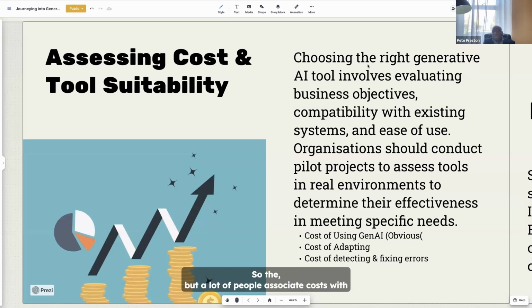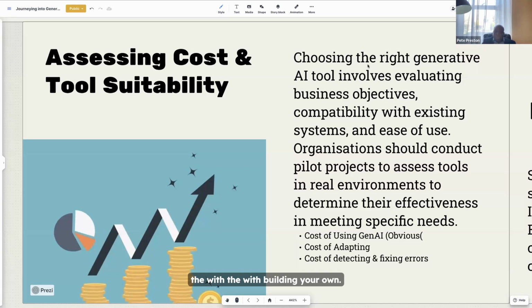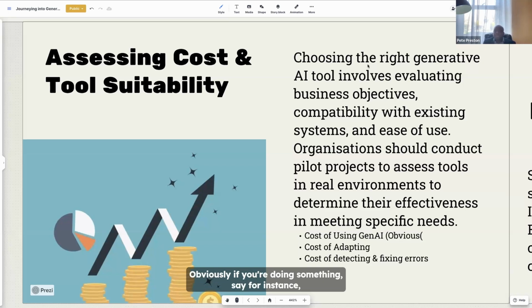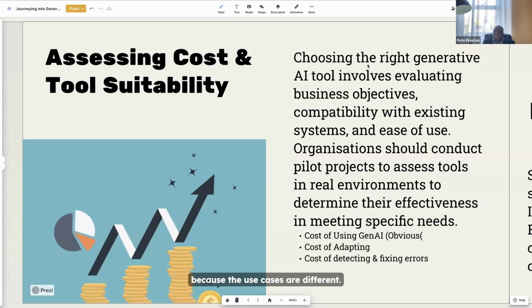So a lot of people associate costs with building your own. Obviously, if you're getting furniture from IKEA, it's not the same as getting furniture from a bespoke supplier, because the use cases are different.